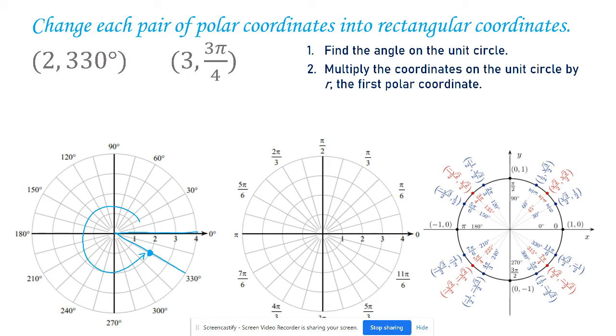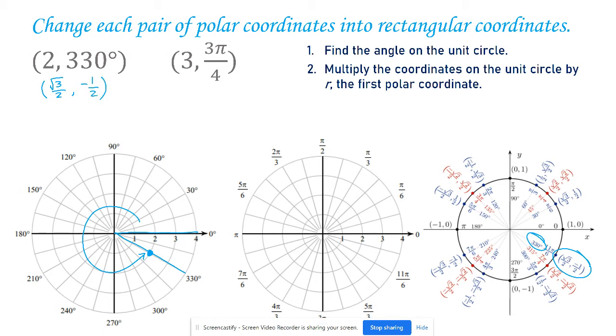So I go to my unit circle. I find 330 degrees. I look at its coordinates. The coordinates at 330, I don't know how well you can see that unit circle, but we've done this before. It's square root of 3 over 2 and -1/2.